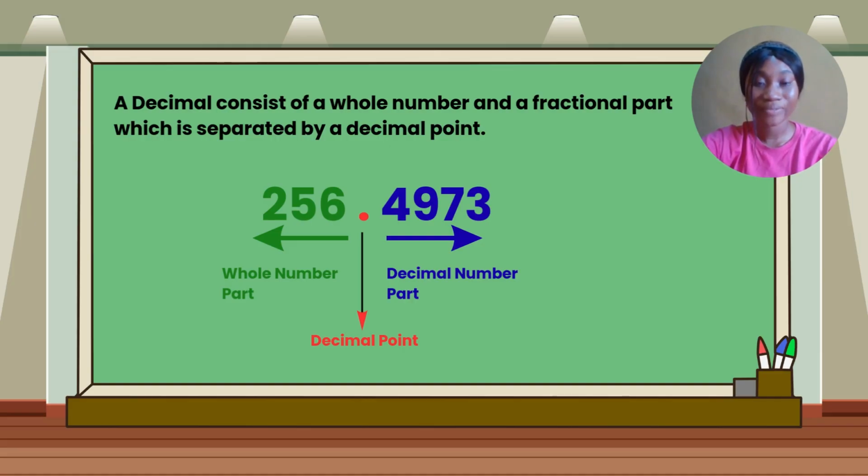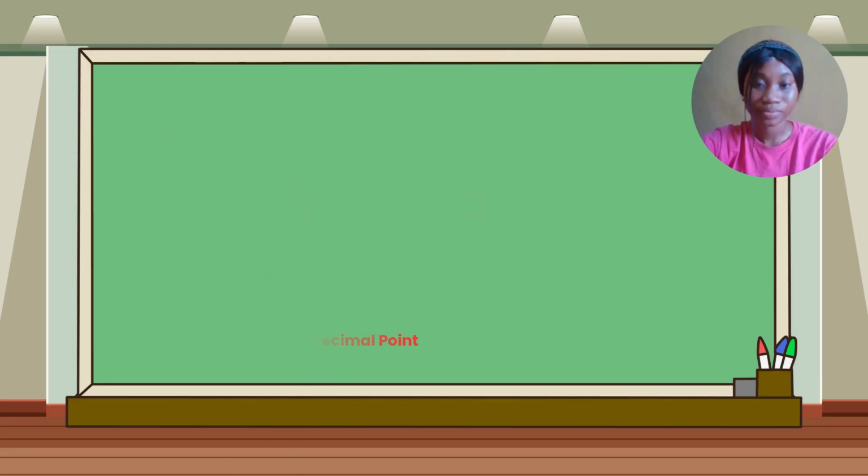So 256.4973. If I have 10 numbers after my decimal point, I will call each of those 10 numbers one after the other. I won't call them together. So that is how you pronounce or call a decimal number.